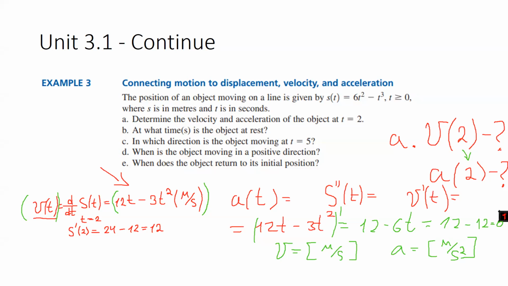If you add the double hashes right here, then you don't have to add the d over dt. So let me clarify it. Just d over dt is the first derivative. If you would like to state that you take the second derivative of a function of displacement, you have to choose which notation you prefer.